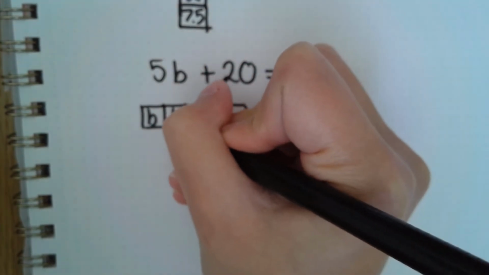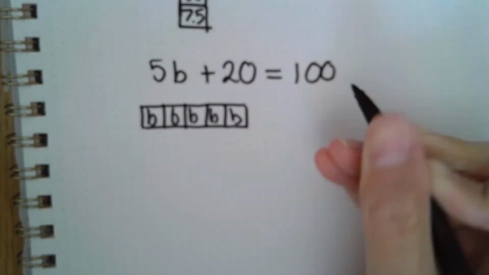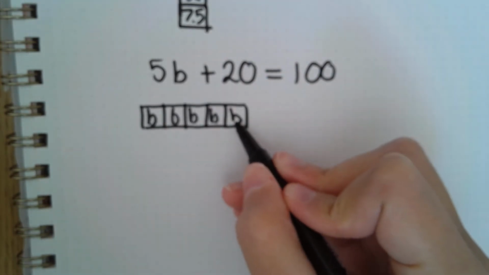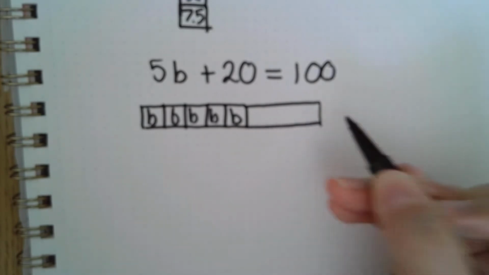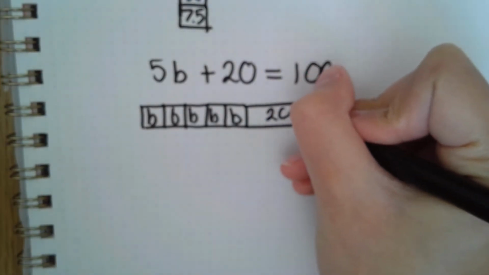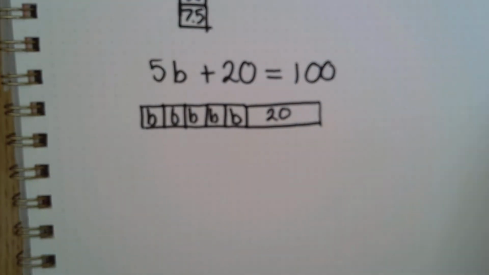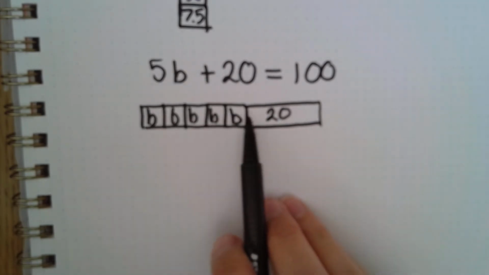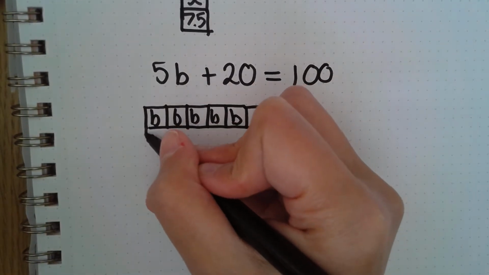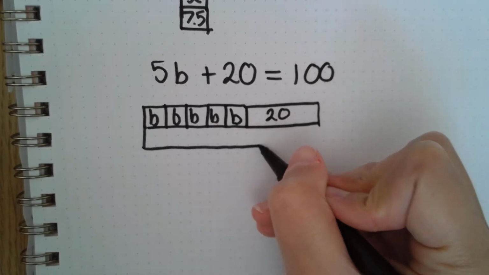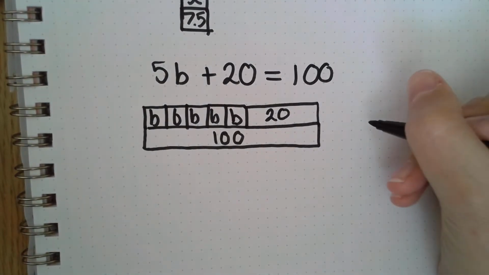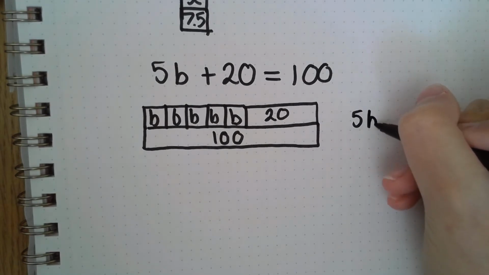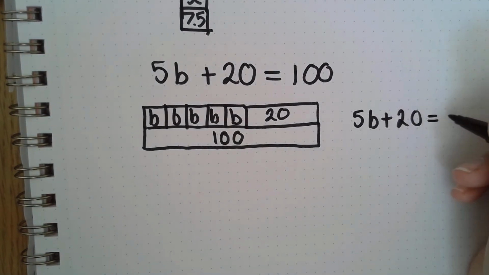And they're each b's. So there's my 5 b's, and I'm going to add on 20. Don't know how long that is, it's just long enough, and I'm going to say that that's 20. So there's my 5b add 20, and that same length of bar is equal to 100. Okay, so that bit is showing that 5b plus 20 equals 100.